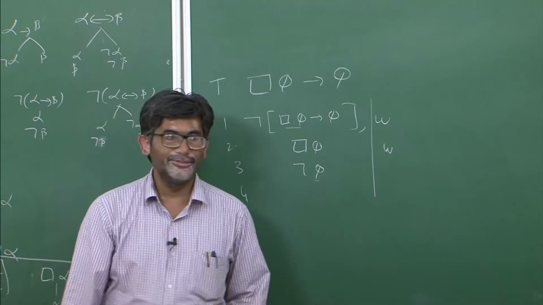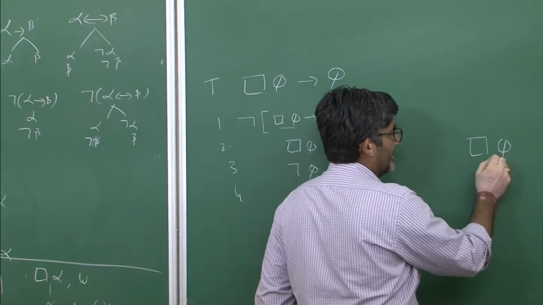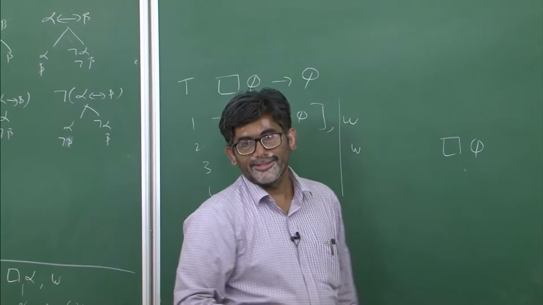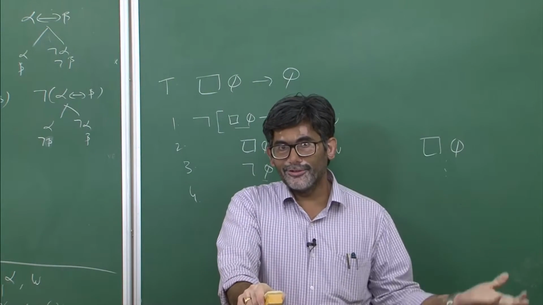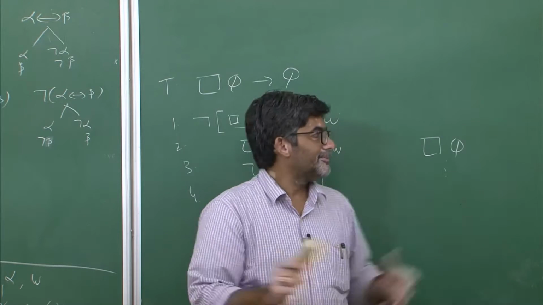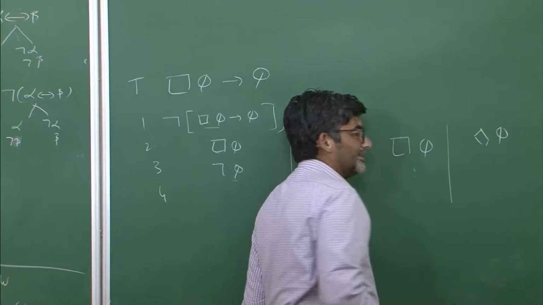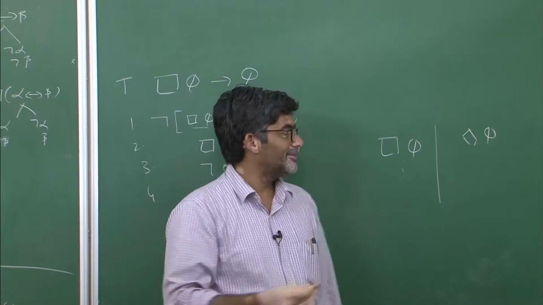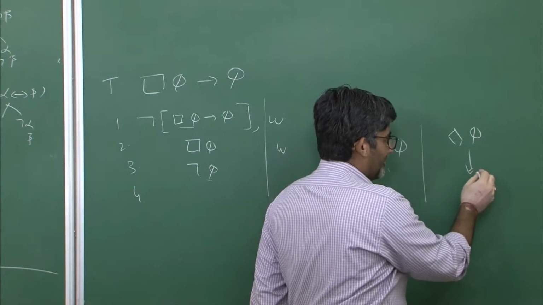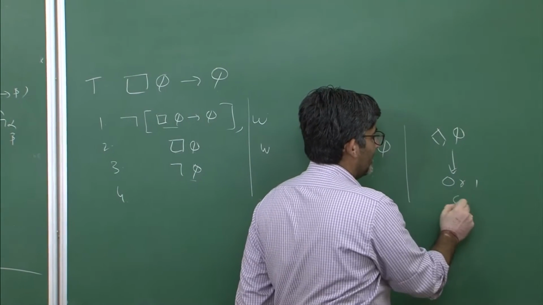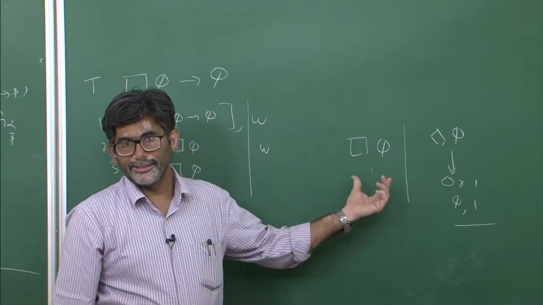Whenever you have necessity of phi, this doesn't imply that there is always some world which exists out there, and in that world phi is true. That cannot be the case. Whereas if you say possibility of phi, it should be the case. There is always some kind of world, and in that world phi has to be true. But in this case you cannot say anything.